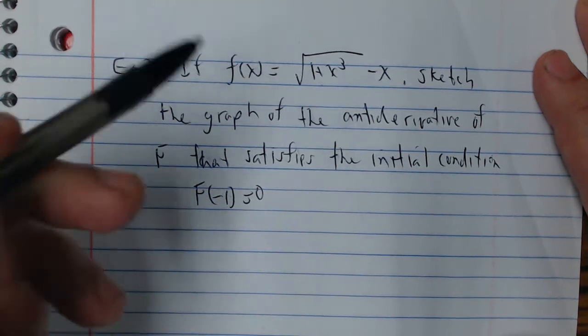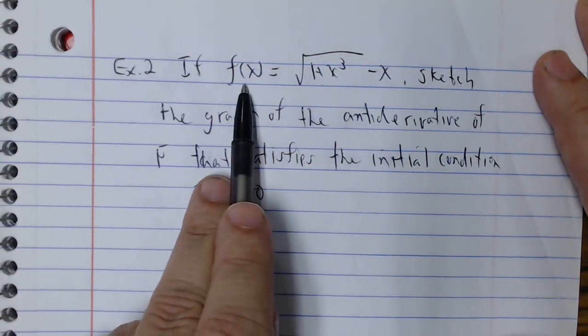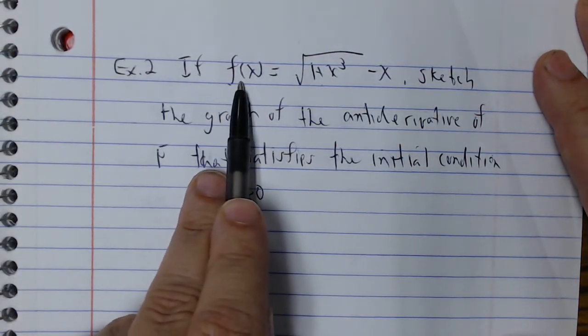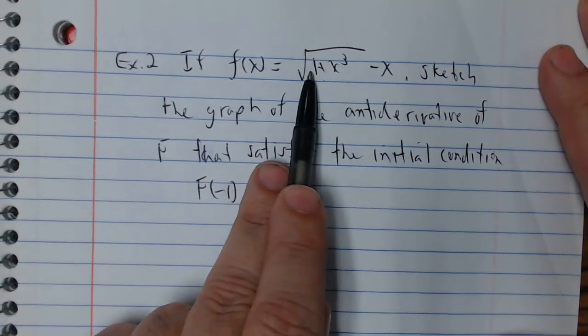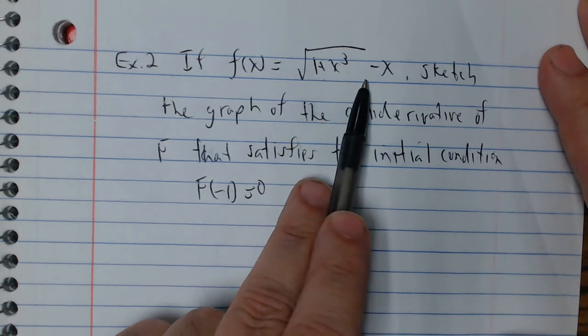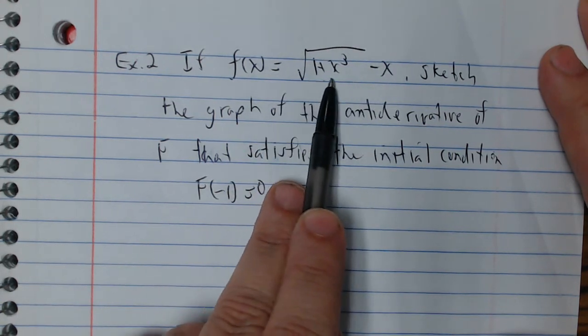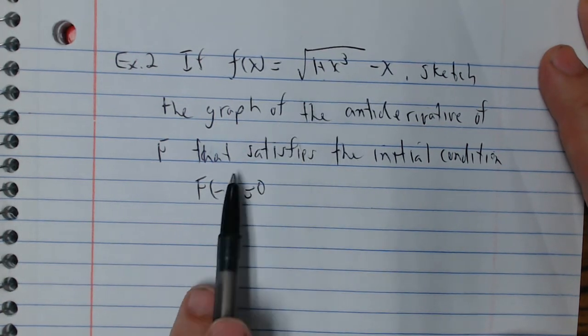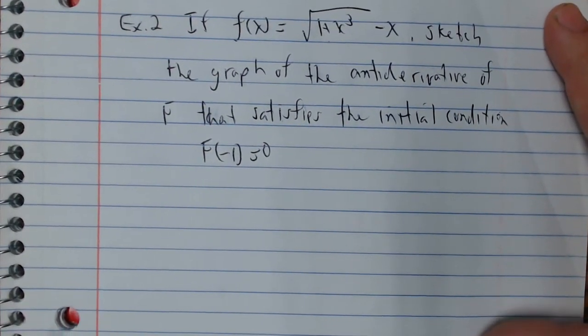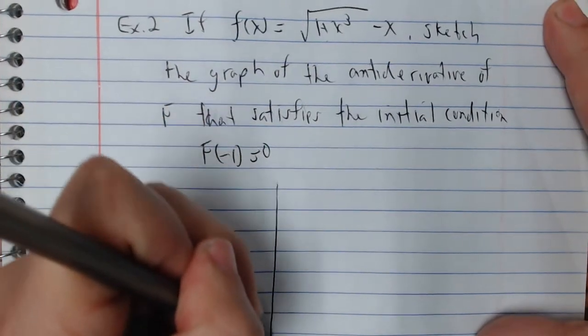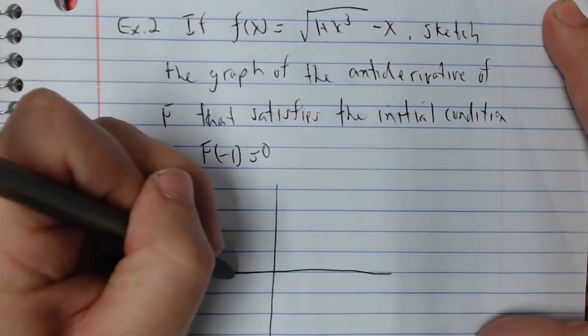Remember, after all, I'm trying to sketch the antiderivative of this guy, which means whatever capital F is, this guy is its derivative. So the slopes of the tangent lines of that guy are described by this one. So if we're going to make a direction field, here's what I'm going to do. I'm going to start from x equals -1.